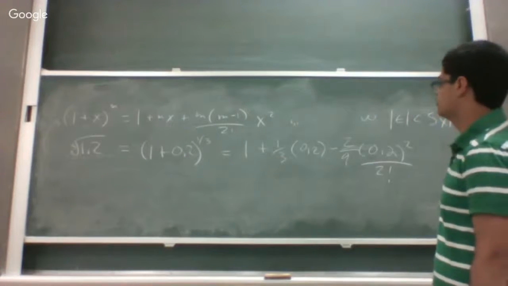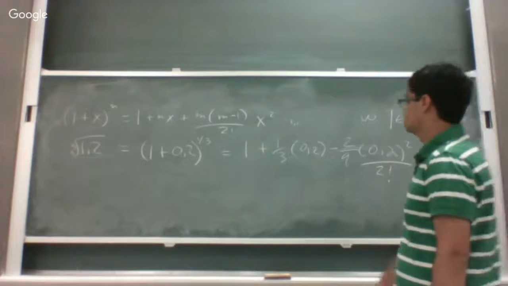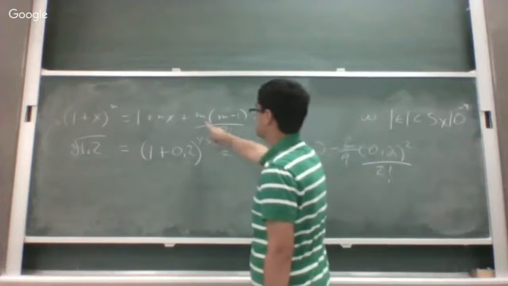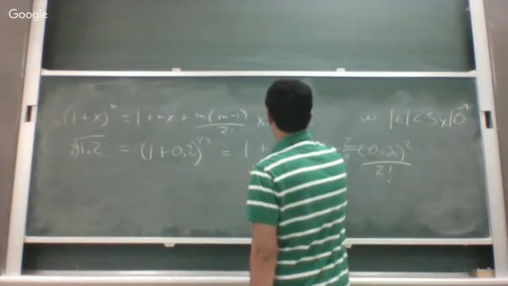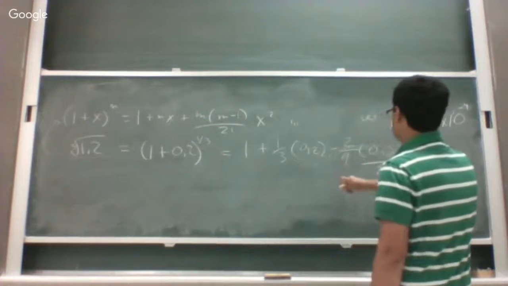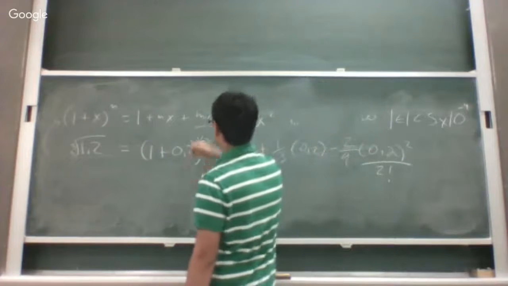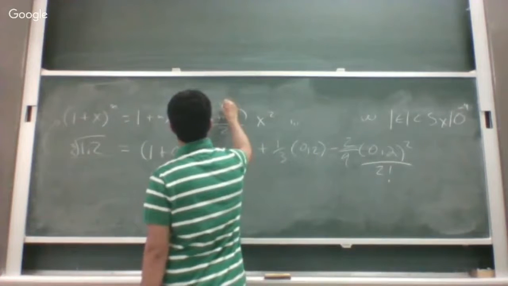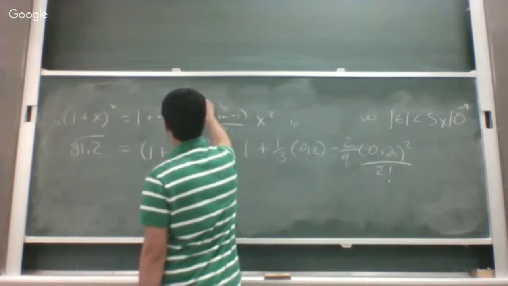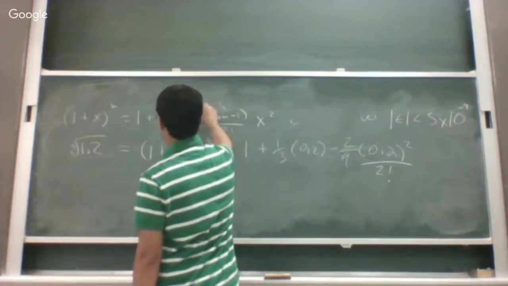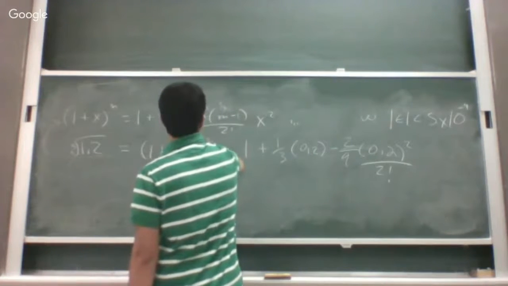Is that right? Because 1/3 minus 1 is going to be a negative number, so that negative is right. So did I do that right? 1/3. Yeah.